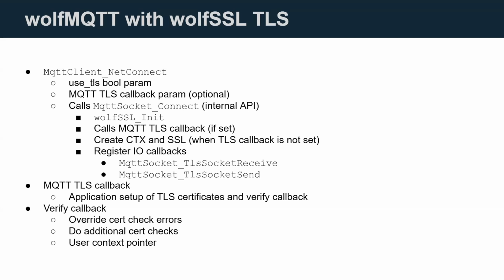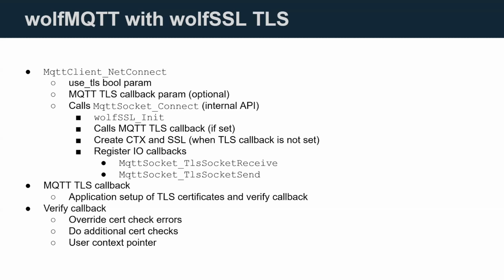A call into the socket component initializes wolfSSL and calls the passed in TLS callback if it was provided. Else, the default TLS settings are used. Then the socket receive and send functions are registered with wolfSSL. At this point, all MQTT library IO will be piped through wolfSSL using a secure connection.